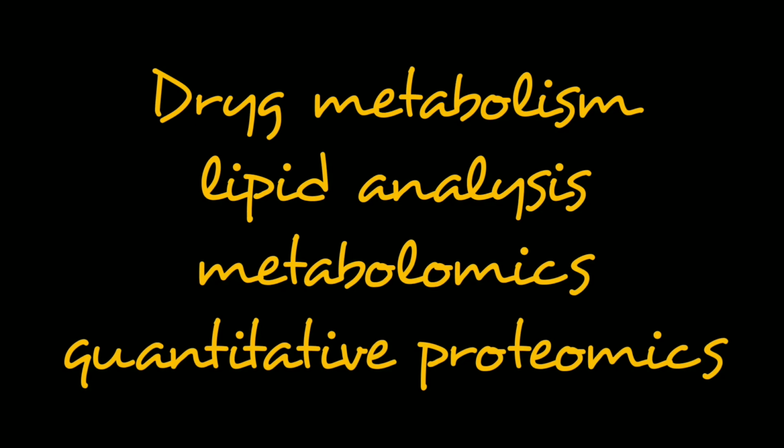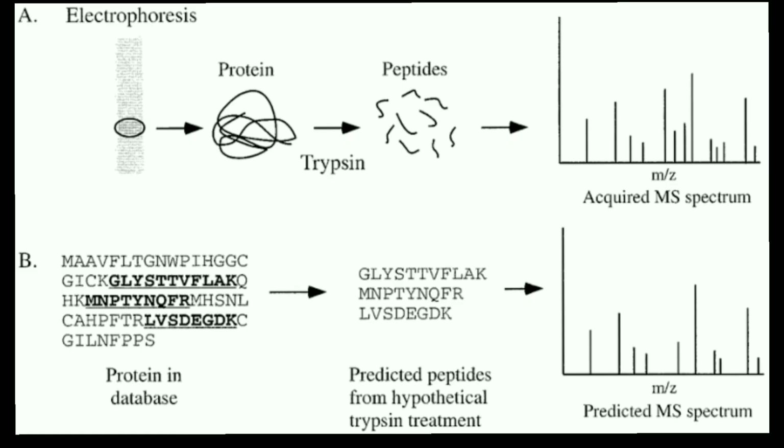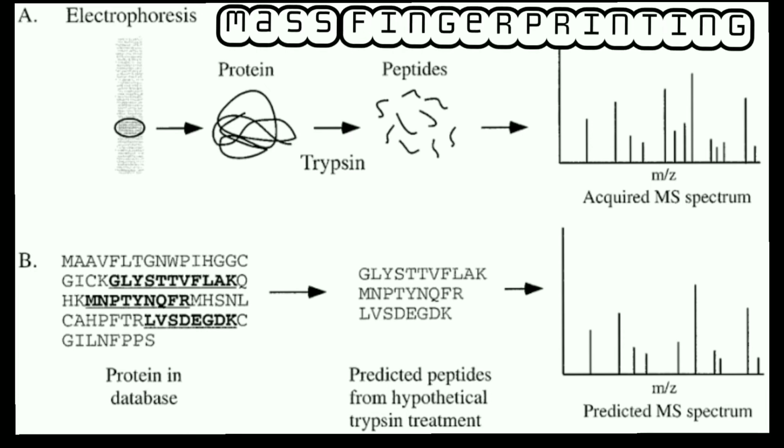Sequence information of a polypeptide is extracted using a technique called tandem MS. It can sequence not only the 20 common amino acids but also known or unknown modified amino acids according to their mass. One MS method for peptide identification is called peptide mass fingerprinting.